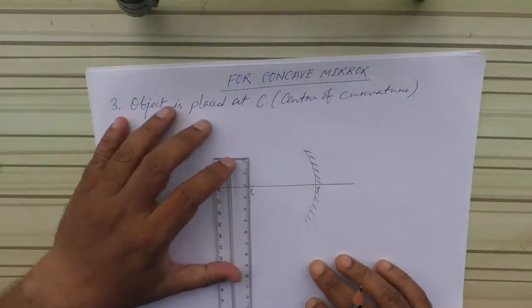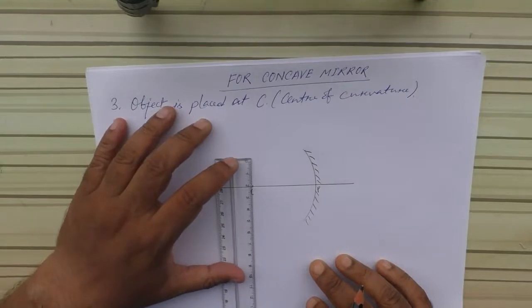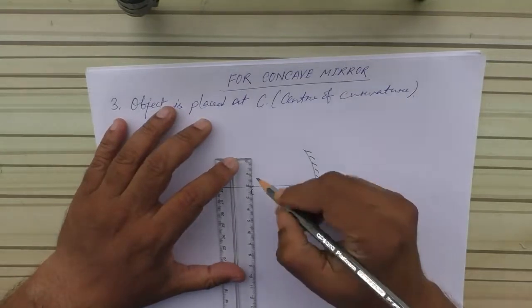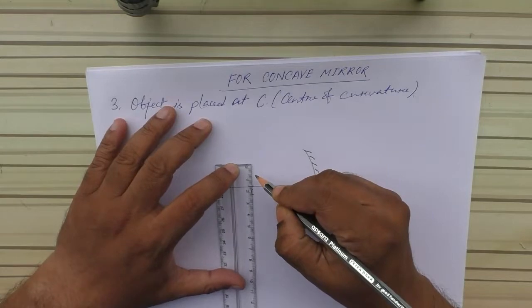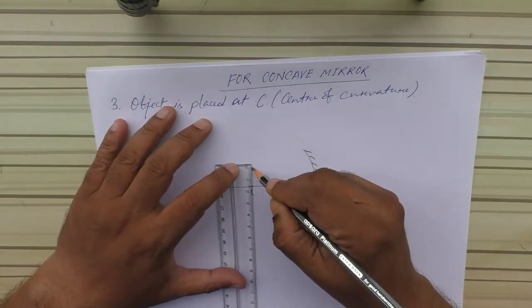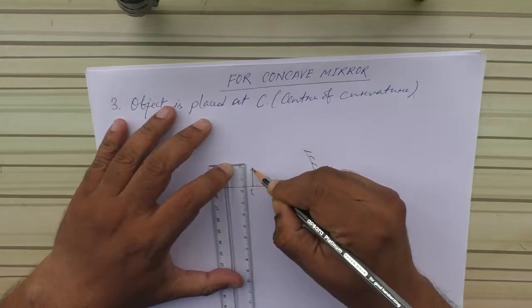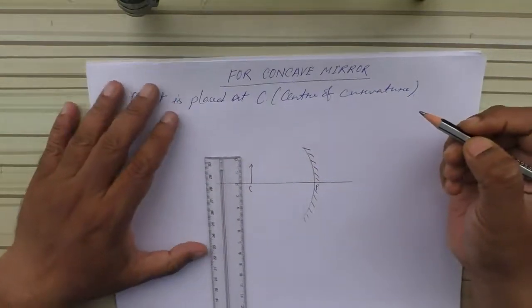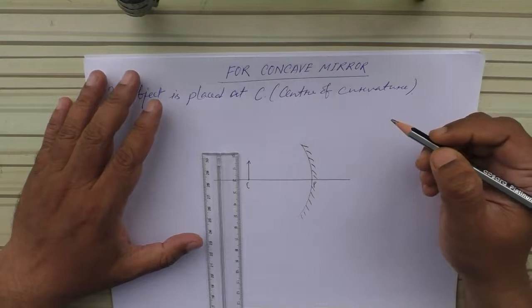Now an object is placed at center of curvature. I am taking it as 1.5 centimeter, and we know that if object is placed at center of curvature, image is also formed at center of curvature.